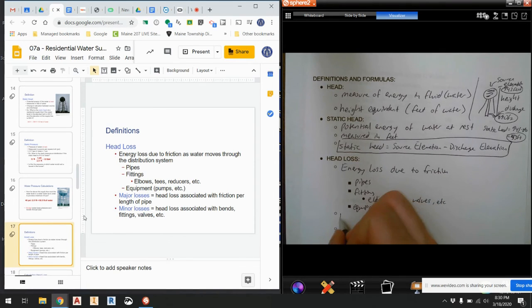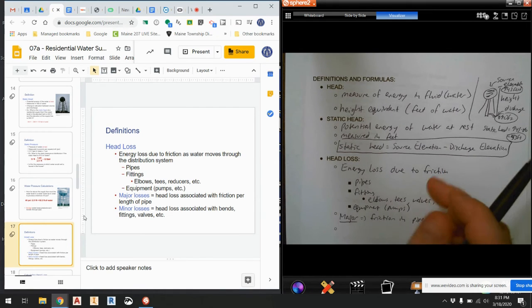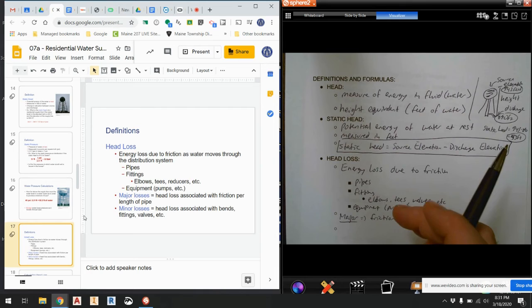So major losses. The major losses, where you lose the most, is friction in the pipes. So as the water moves through the pipes, it rubs up against the sidewalls of the pipes, and therefore it loses a lot of energy, a lot of head.